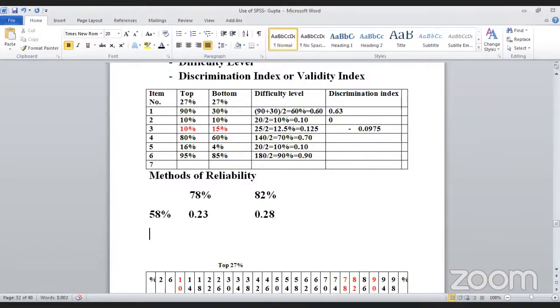Now when it is 62%, the value given here is 0.19 and the other value is 0.25. Now what I have to find out is 80.